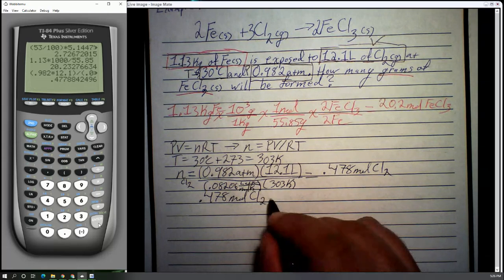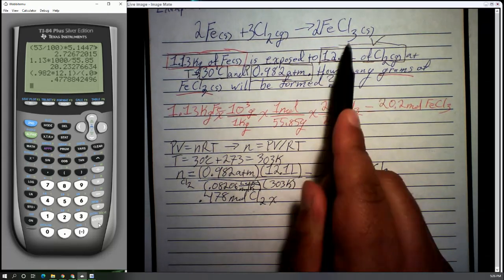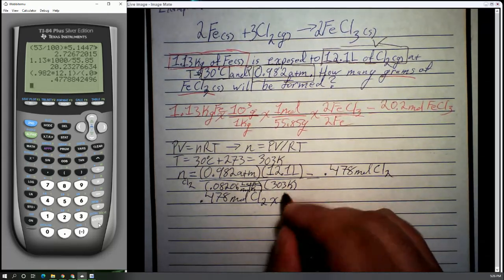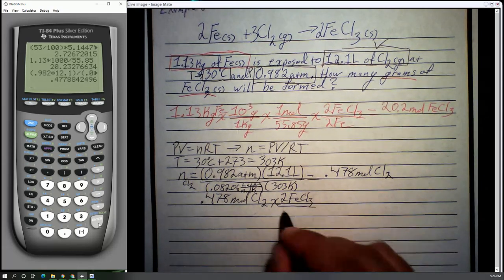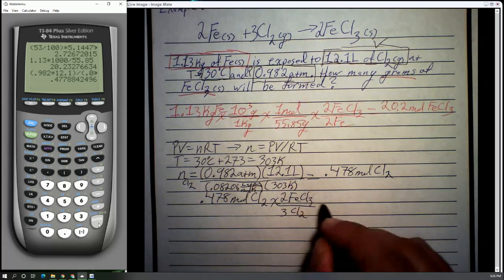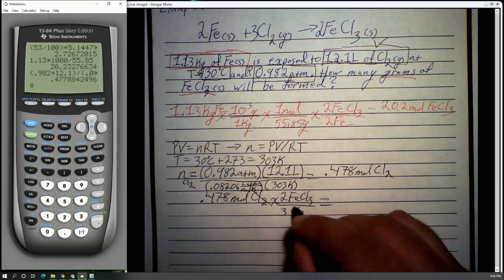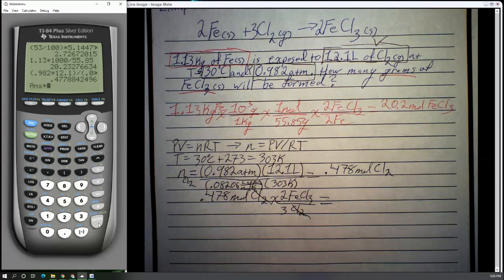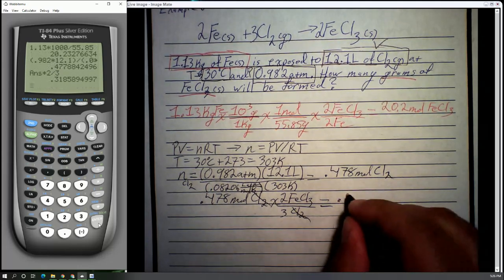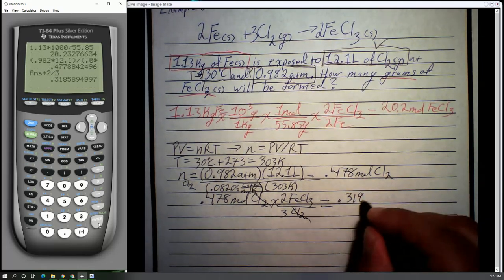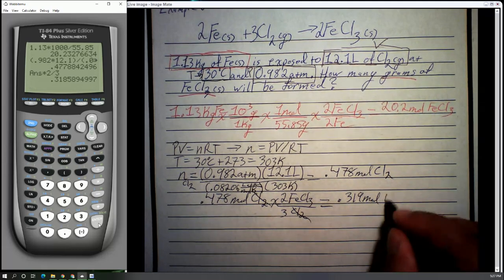Now, to see how many moles in theory this will produce of our product, we use our mole ratio. 2 iron chlorides for every 3 chlorines. Chlorines are gone. And we get 0.319 in theory.